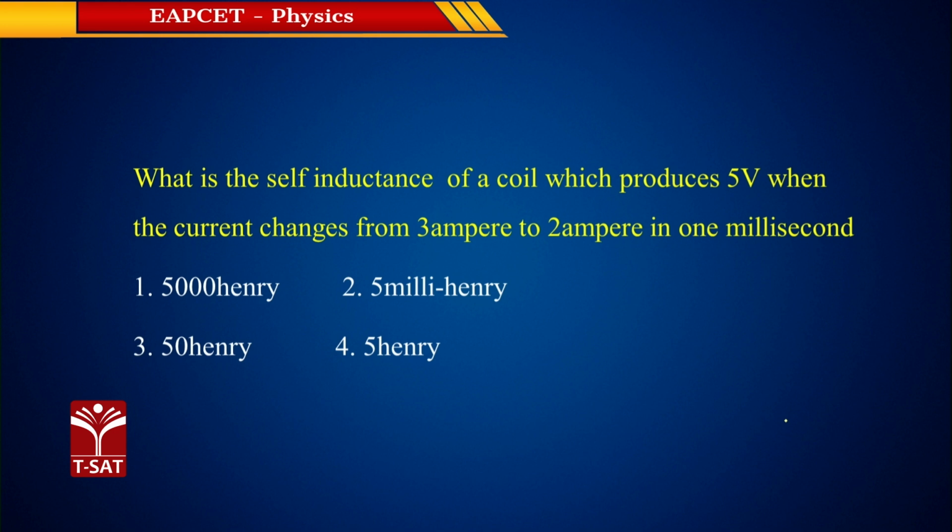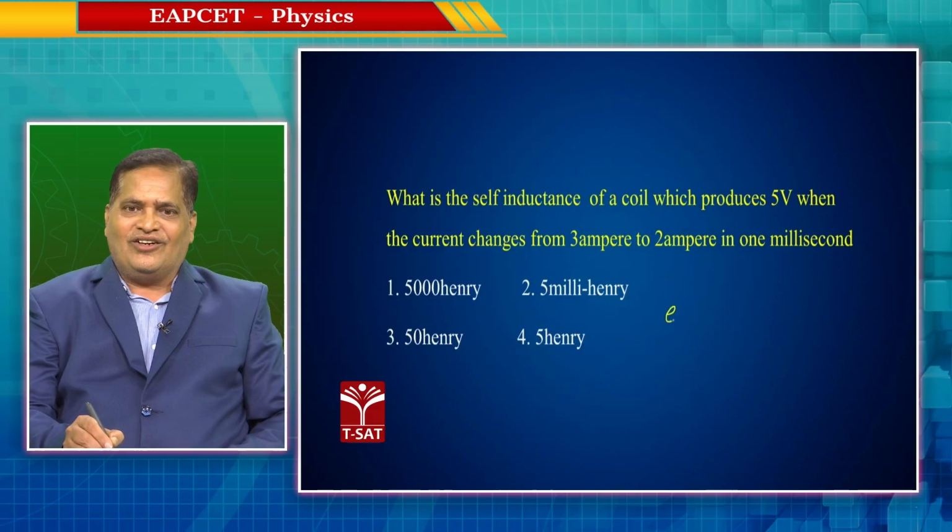What is the self inductance of a coil which produces 5 volt when the current changes from 3 ampere to 2 ampere in 1 millisecond? Okay children, you know the self inductance formula: E is equal to L di by dt.